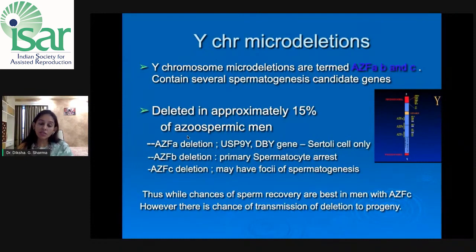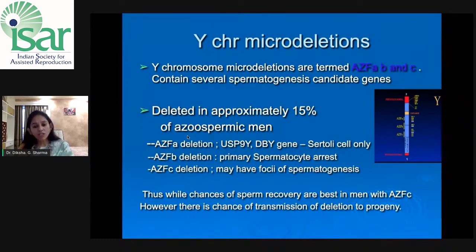What are the implications if they carry an AZFA deletion, which usually involves these two genes? The histopathology in these would usually be Sertoli cell only syndrome. In the AZFB deletion, there will be primary spermatocyte arrest, and in AZFC deletion, they can have foci of spermatogenesis.